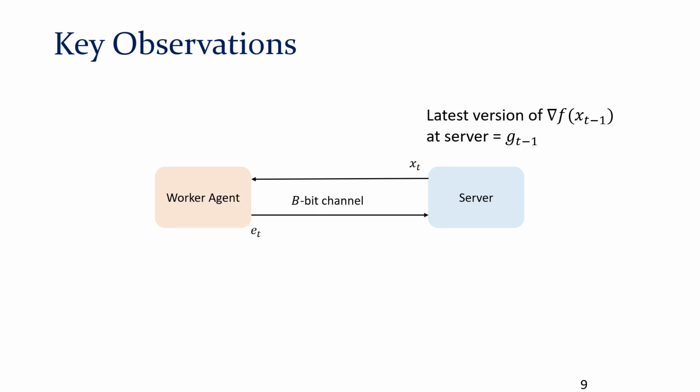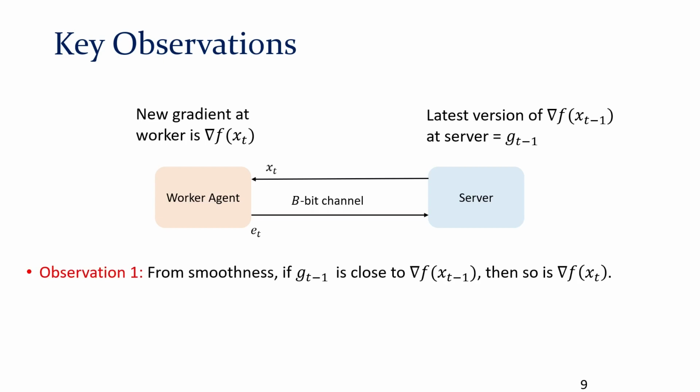Let's suppose that at iteration t-1, the latest version of the gradient that's available at the server is g_{t-1}. Now using this estimate, the server is going to update the model to x_t, and the worker is going to compute the new gradient at this model. Now here's the first main observation. Because this function is smooth, grad f(x_t) can't be too different from grad f(x_{t-1}).